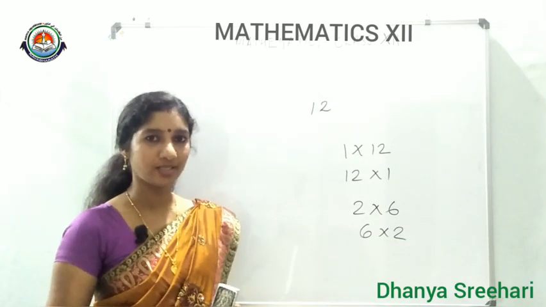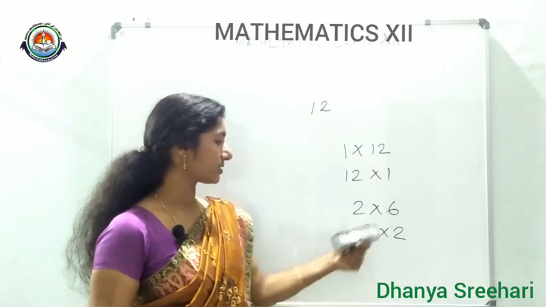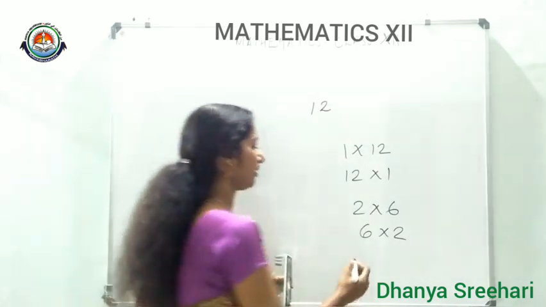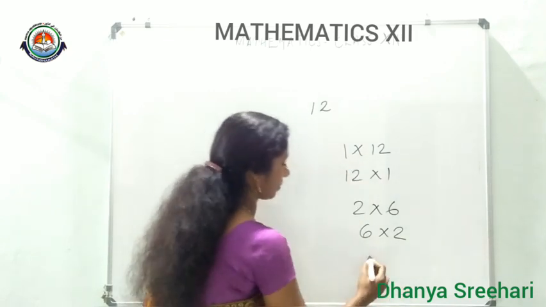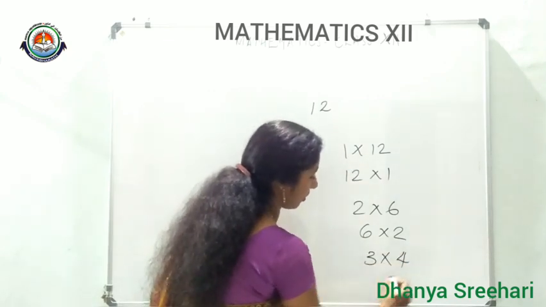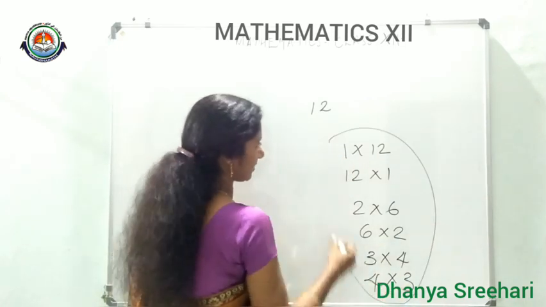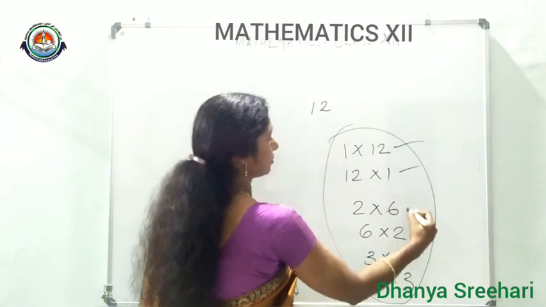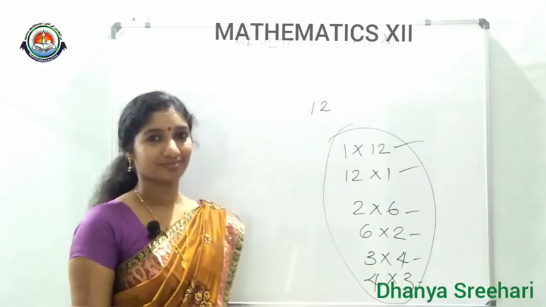This is also possible to make 12 elements. Or 3 by 4 or 4 by 3; 12 by 1 we already wrote. So, how many ways can we make the orders? 1, 2, 3, 4, 5, 6 ways we can make the order.